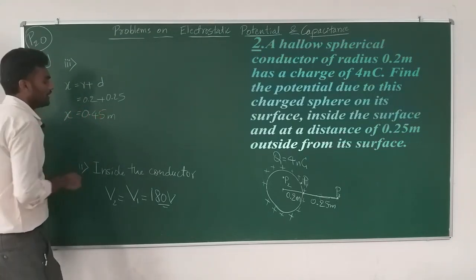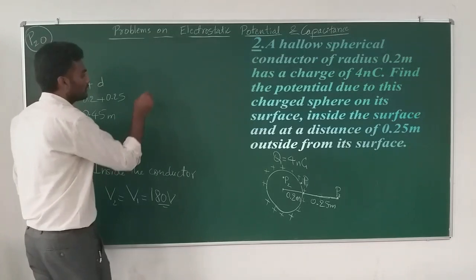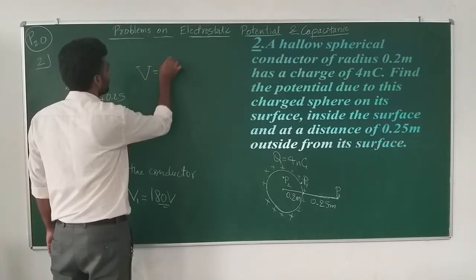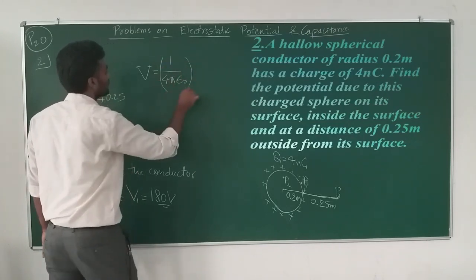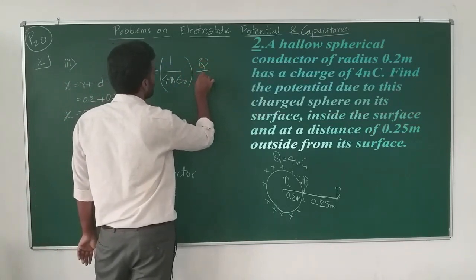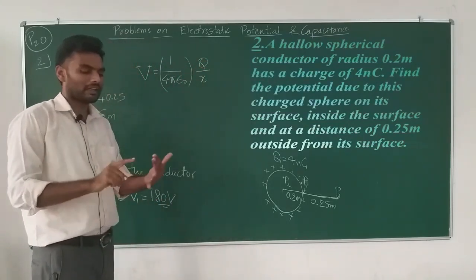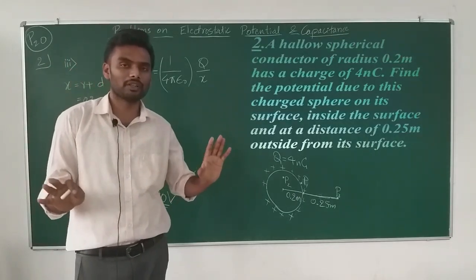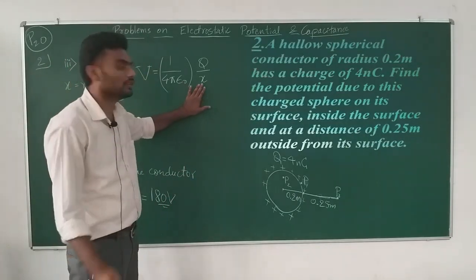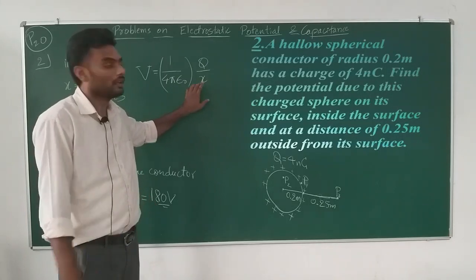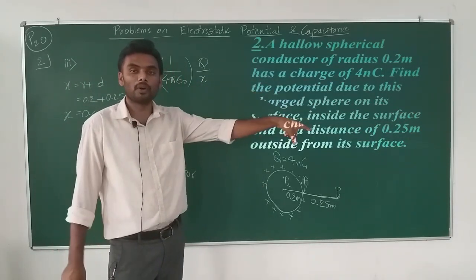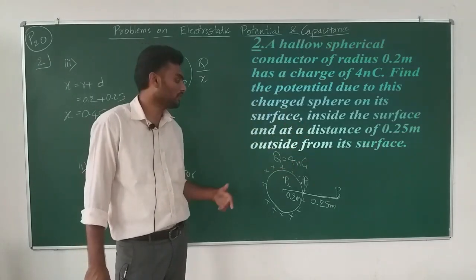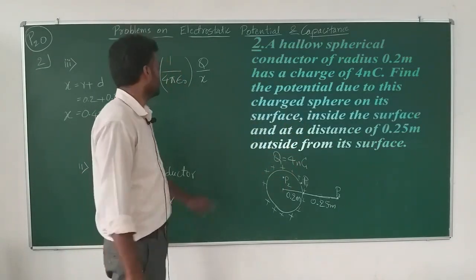0.45 meter. Now the formula for potential is V is equal to 1 by 4 pi epsilon naught q by x. R, x, d, anything you can write, no need to worry, but you should put the proper value, okay. The distance which is from the center of the sphere to the point where you need to get the potential when it is outside, okay, right.